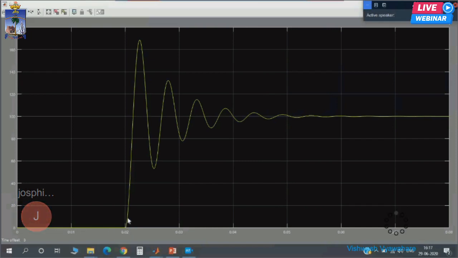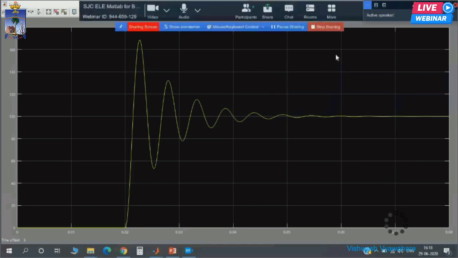Then voltage started increasing, and since it's a second order system, there are oscillations seen here, and ultimately you see that your capacitor is charged to a value of 100 volt. Since it is charged to 100 volt, both the battery and the capacitor are at the same potential, so the current will stop flowing.